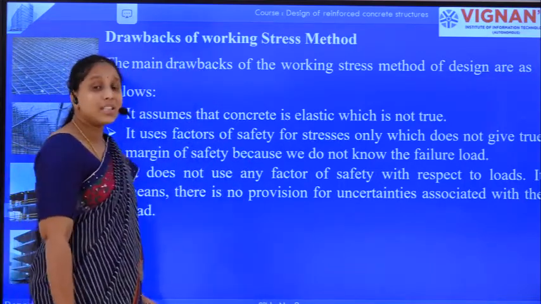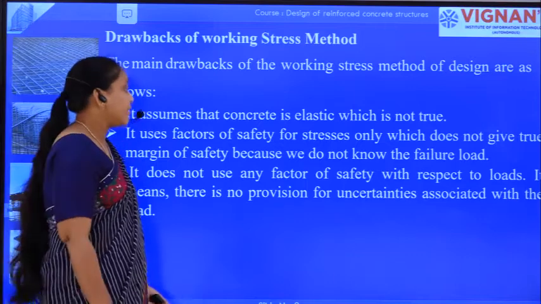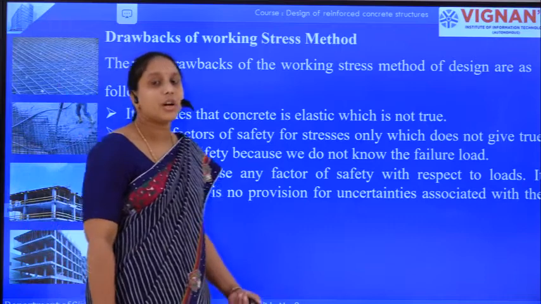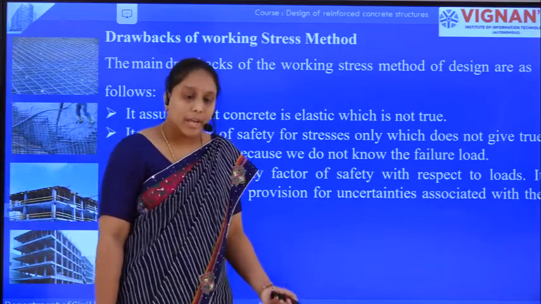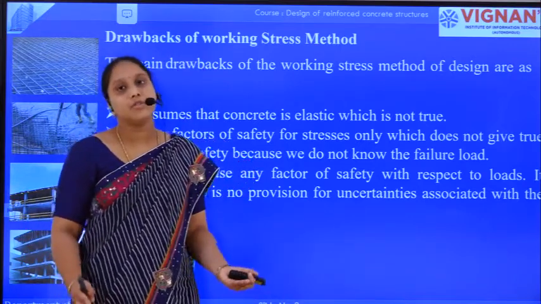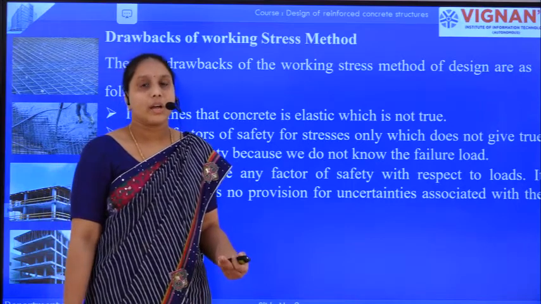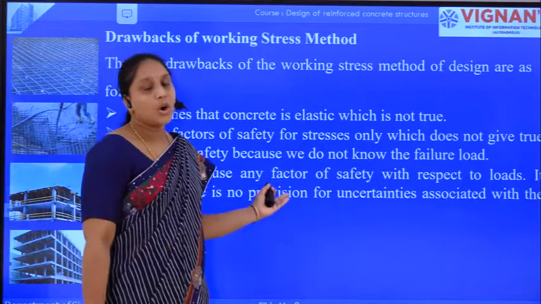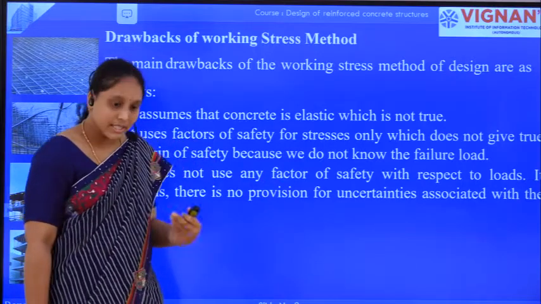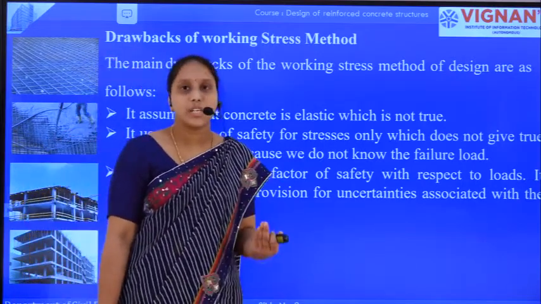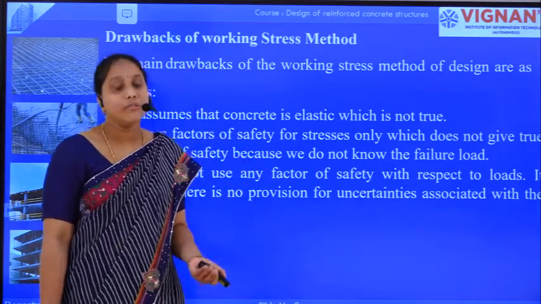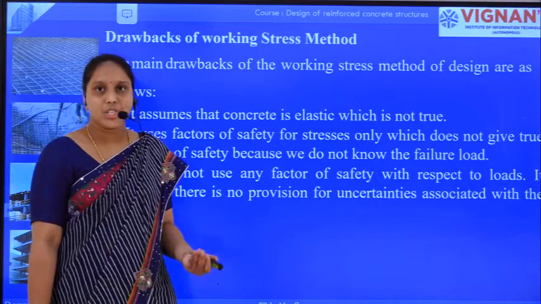And the next one is the factor of safety is only considered for the stresses, but the factor of safety is not considered for the loads. If suppose there is any excessive load, that is not clearly shown in the working stress method. That is, the uncertainties which are associated with the loads are not taken into consideration in the design of members in the working stress method.